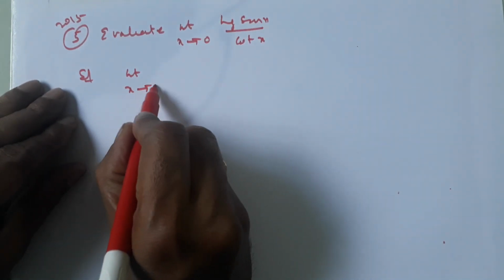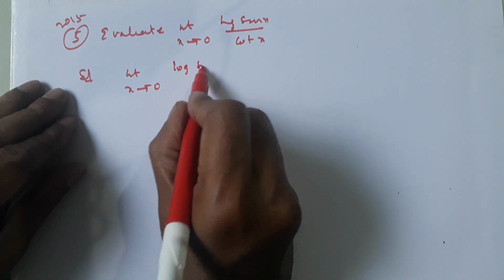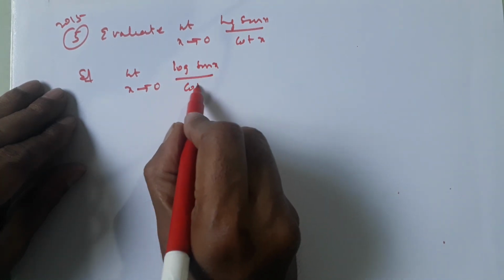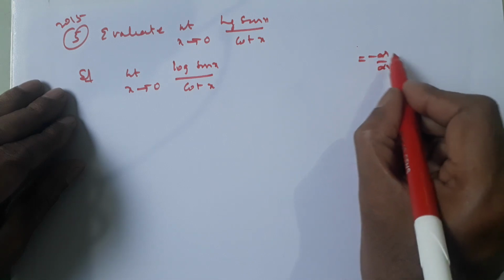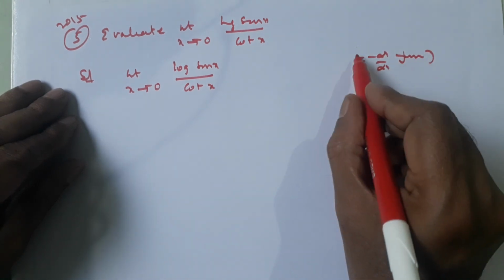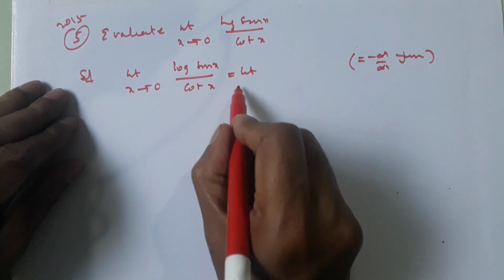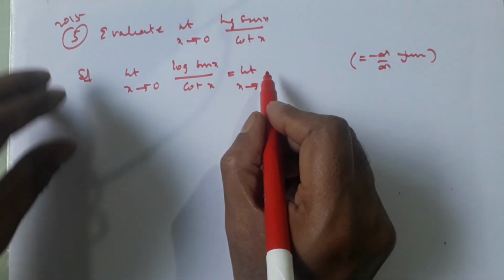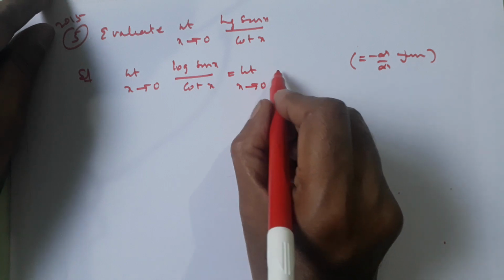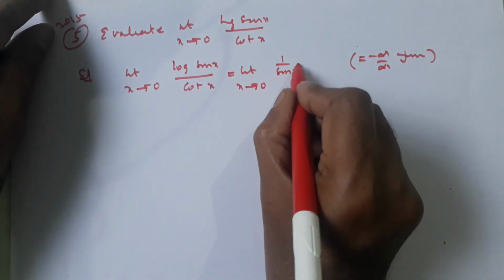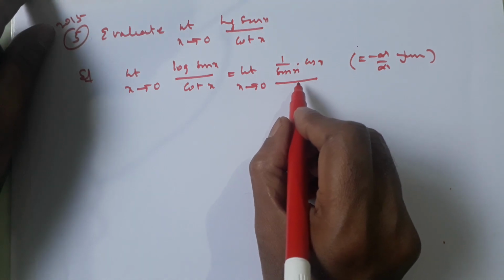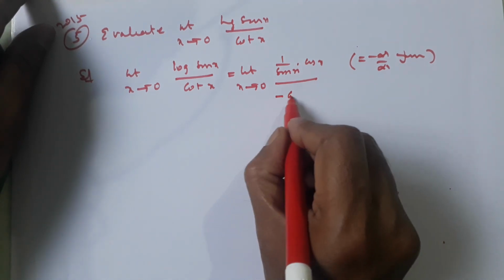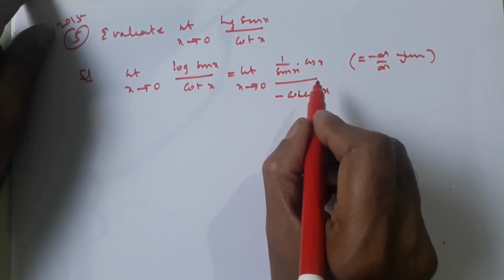So the solution: limit x tends to 0 of log sin x divided by cot x is of the infinity by infinity form. So differentiate the numerator and denominator. It is 1 by sin x into cos x divided by minus cosecant square x.